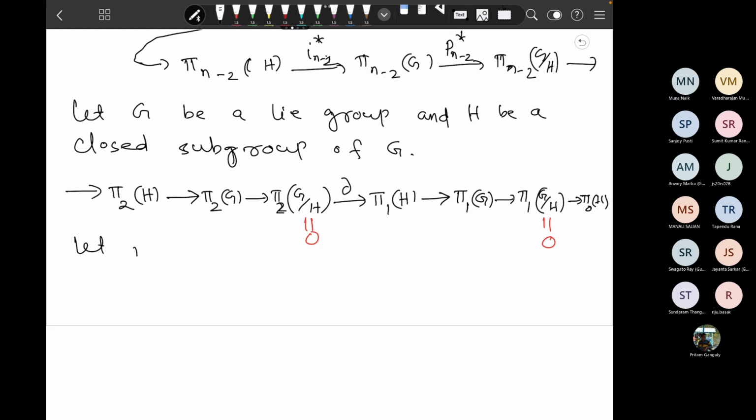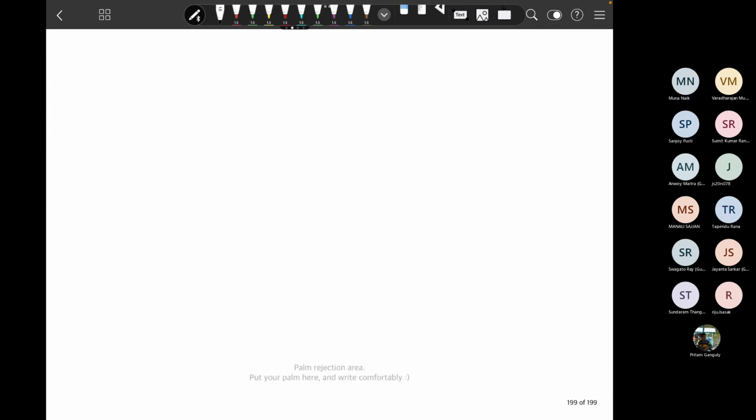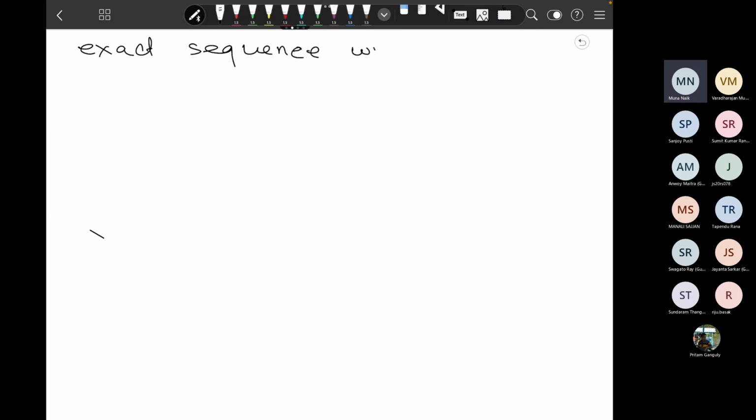Then the long exact sequence will be: 0, then pi 1 H, pi 1 of G, and 0, and this will be some map i 1 star.